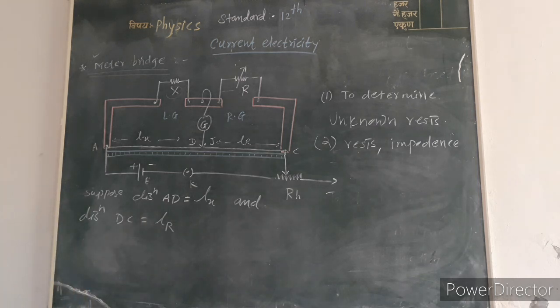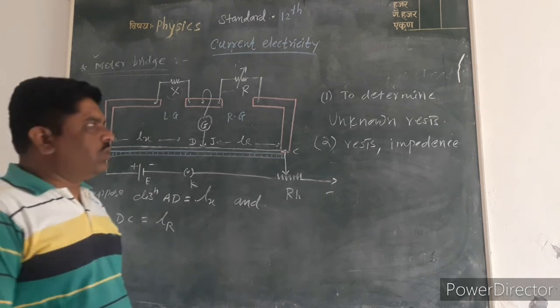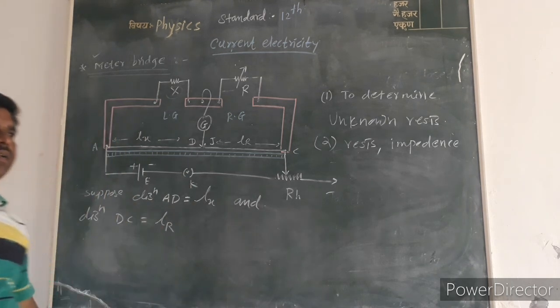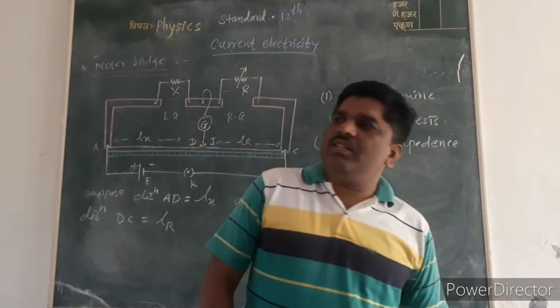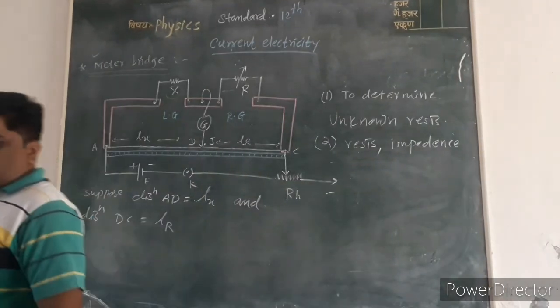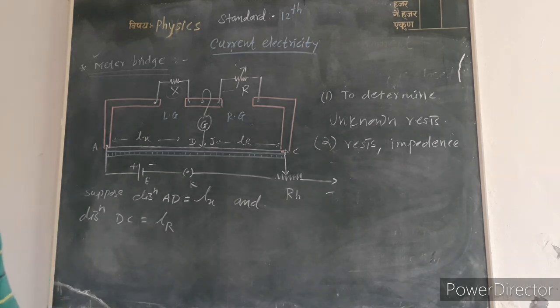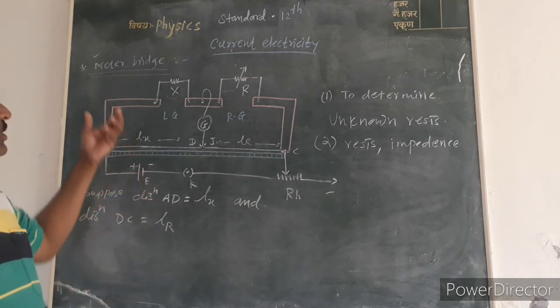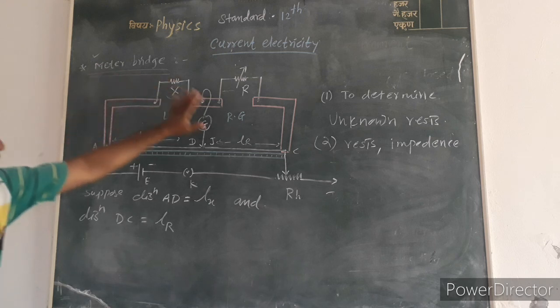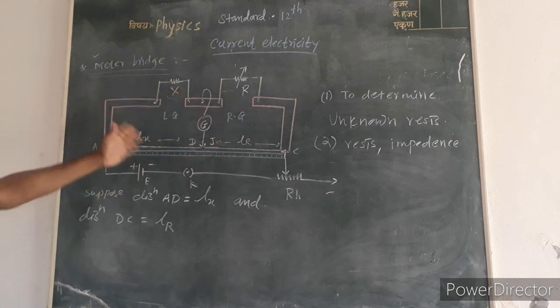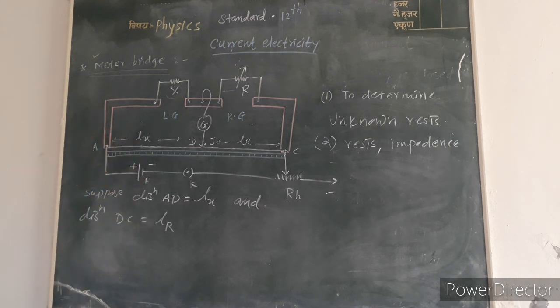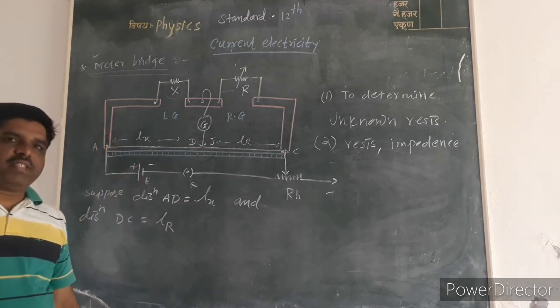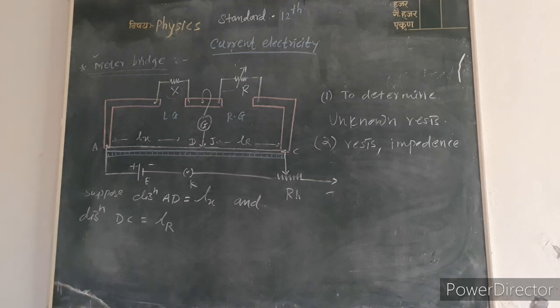These are the two uses of the meter bridge: to determine unknown resistance, resistance, impedance, reactance, capacitance. Using this circuit or meter bridge, we can determine all these components, that is resistance, capacitance, reactance, impedance. Thank you.